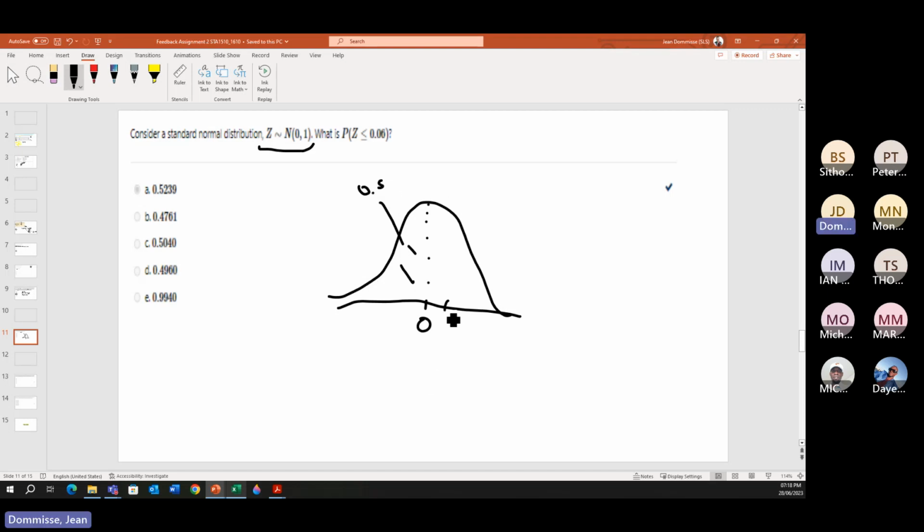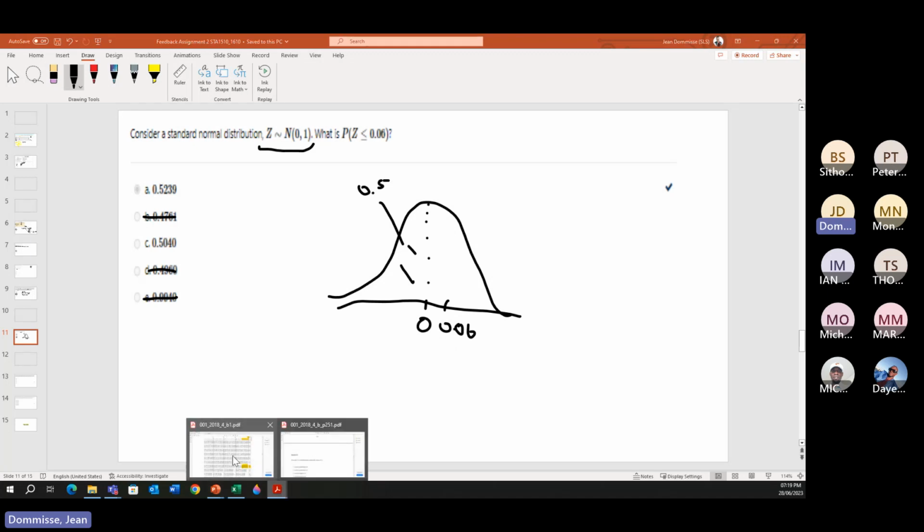Z smaller than 0.06, so just a bit bigger than 0.5. Okay, it's still bigger than 0.5, and I think that is important. Bigger than 0.5, that's not part of our answers. Just bigger than 0.5, that will not be one of our answers. So you're looking at two options that it can be.